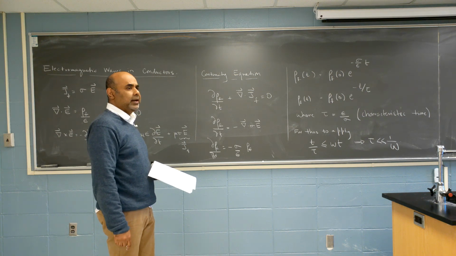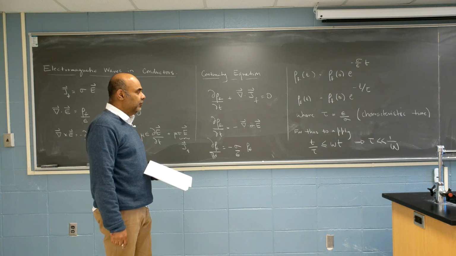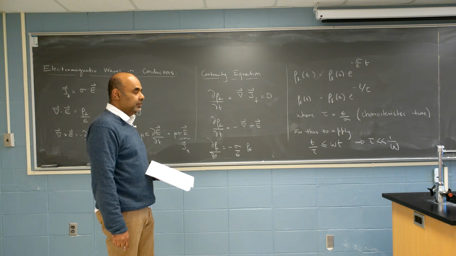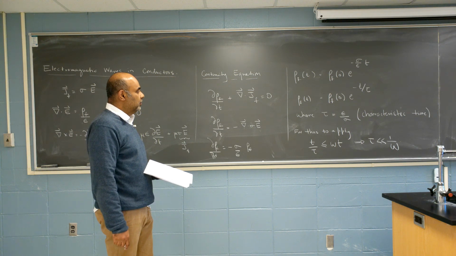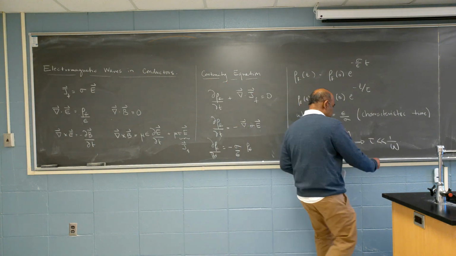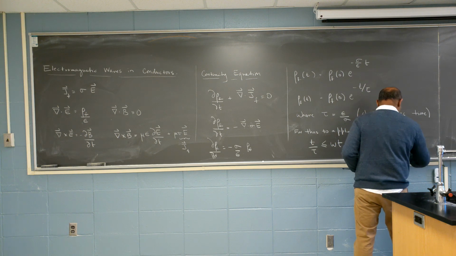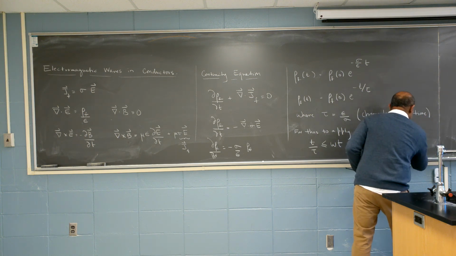Probably not so easy analytically, you have to do it numerically. So provided the electric fields don't oscillate too fast, let me also make this very clear. This is 2 pi times T over 2 pi.